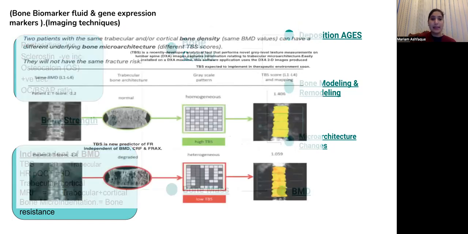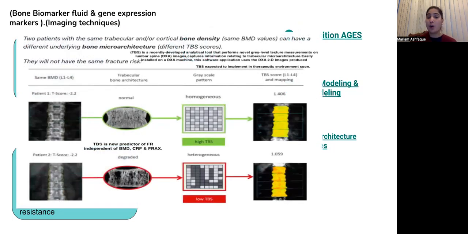This is the TBS, a recently developed analytic tool. It is like a 2D DEXA that takes a picture of the lumbar spine, and it is independent of bone mineral density, clinical risk factors, and the FRAX tool. Here we compare two patients.